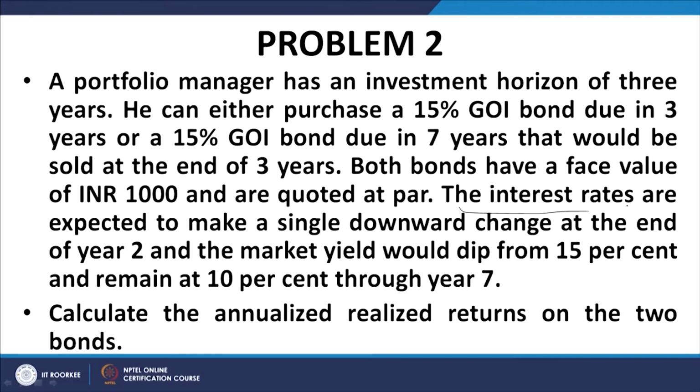Of 15%. How do I get 15%? Because the bonds are being quoted at par and they are 15% bonds. So, clearly the market rates have to equal the coupon rates. So, the current interest rates are 15%, and at the end of 2 years the interest rates would change from 15% to 10%. That is a projection that is made by the investor.